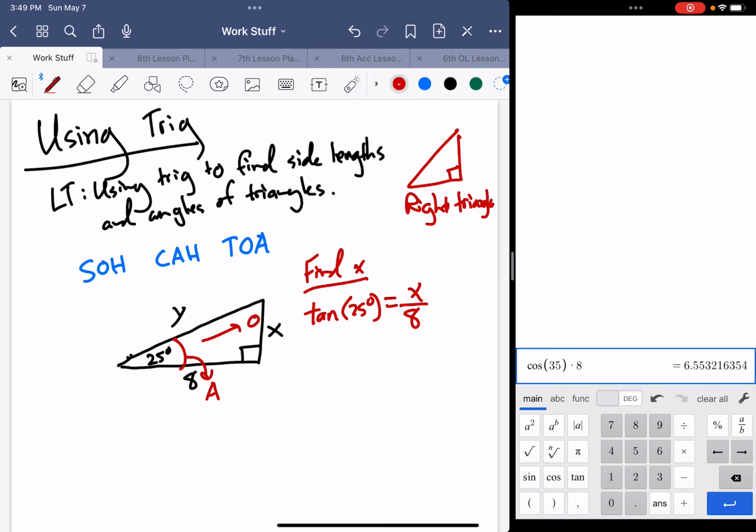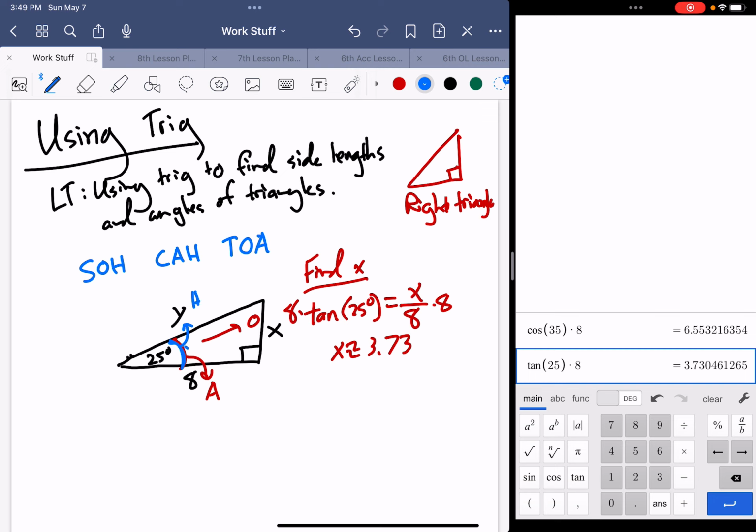We do the same thing: multiply both sides by 8. Go to my calculator, tangent of 25, times that by 8. And x roughly has to equal 3.73.